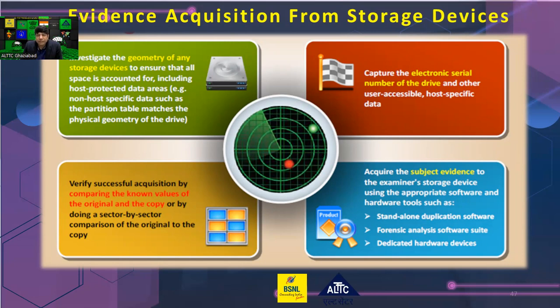Capture the electronic serial number of the drive and other user accessible host specific data. Verify successful acquisition by comparing the known value of the original and the copy, or by doing a sector by sector comparison of the original to the copy.